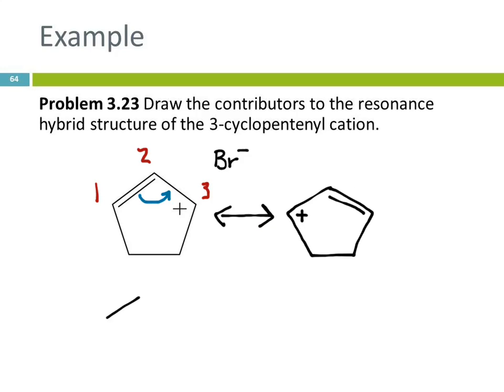Let's just draw a hypothetical. Where might this have all started? If we had a hydrogen add in here, and these two electrons come out here to make the bond. I'm sorry, I did that wrong. Need to put the hydrogen in the right place. The hydrogen down here.